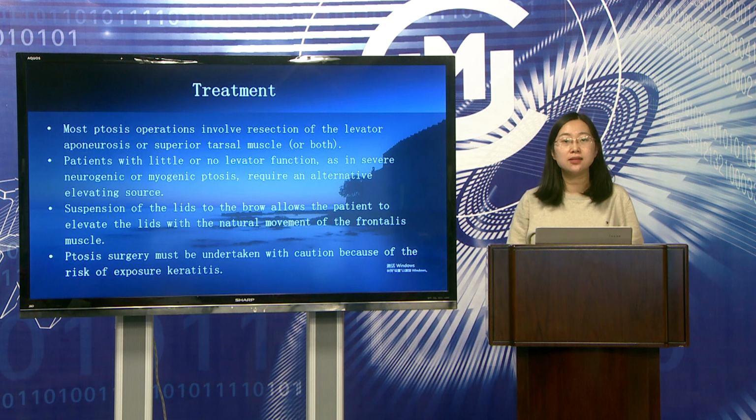Most ptosis operations involve resection of the levator, aponeurosis, or superior tarsal muscles, or both.